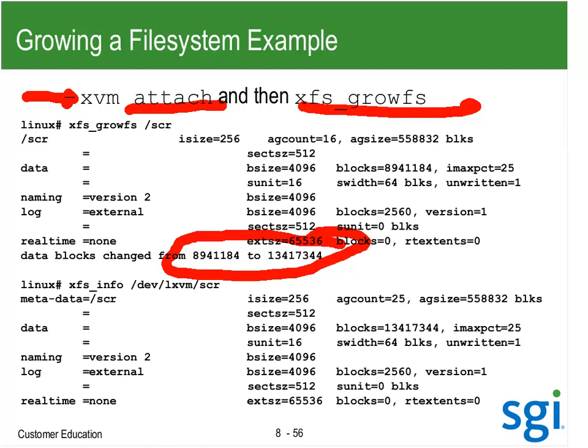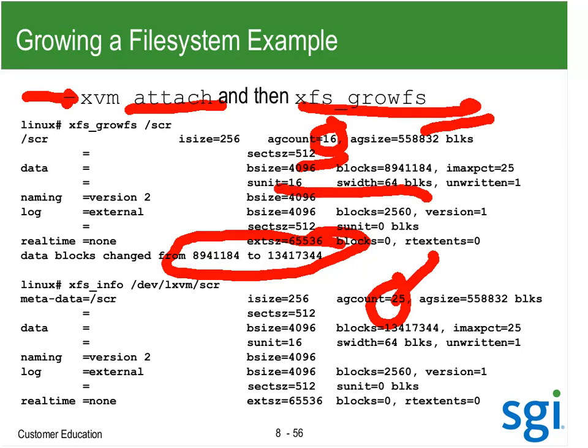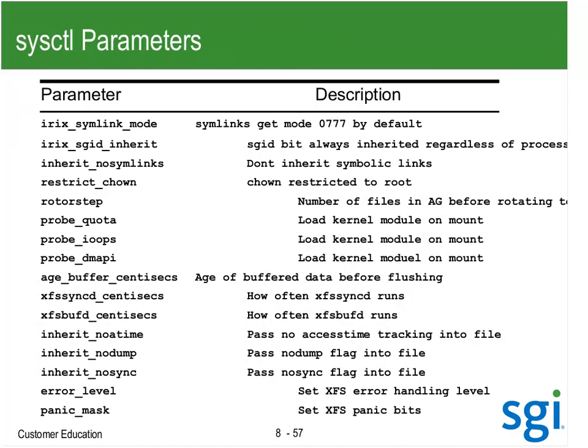So anyways, after we're done, the allocation group count looks like it also increased here. And it's an odd number. I don't like that myself. I'm not sure if it still does that. Size of an allocation group in 4 KB blocks. And we already talked about stripe width and stripe unit. There are some sysctl parameters. I have not played with any of these in a while.